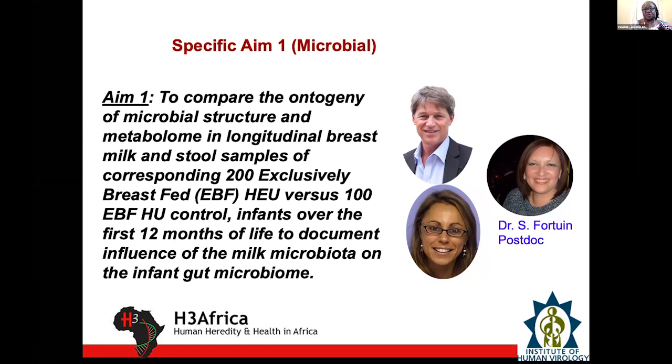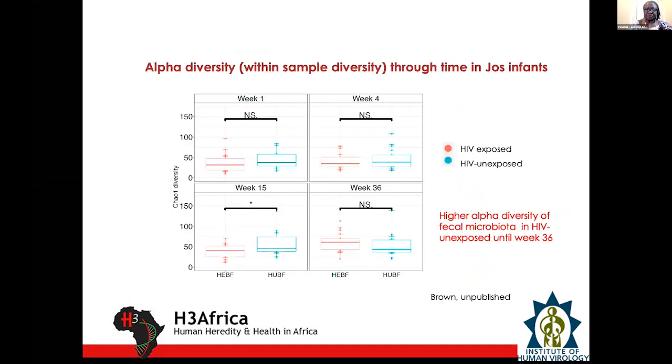And this work is led by Jonathan Blackburn and Heather Jasper at the University of Cape Town, working together with a number of postdocs. And in this case, it's Dr. Sue Fulton that did some of the work.